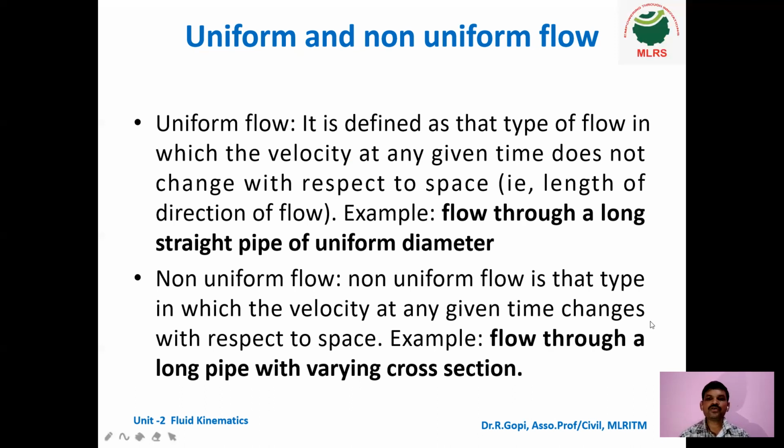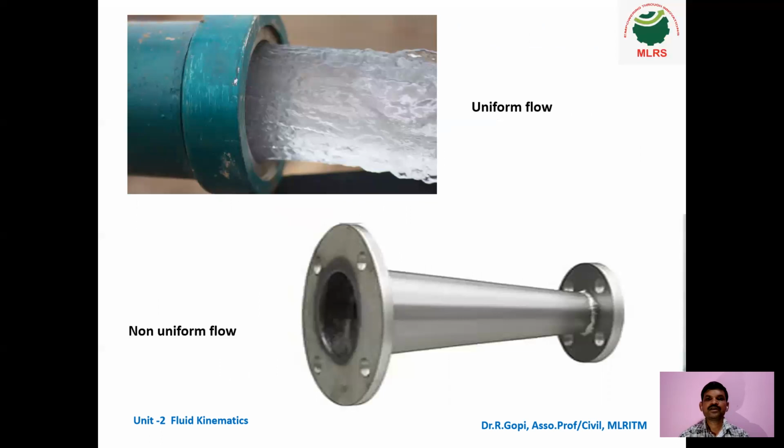So non-uniform flow is the type of flow in which the velocity at any given time changes with respect to space. This is the best example. Now you can see this is a uniform diameter pipe, so the flow is also uniform. The velocity is uniform throughout the cross section. But here this pipe has a varying diameter. At one end the diameter is more, at the other end the diameter is very small.